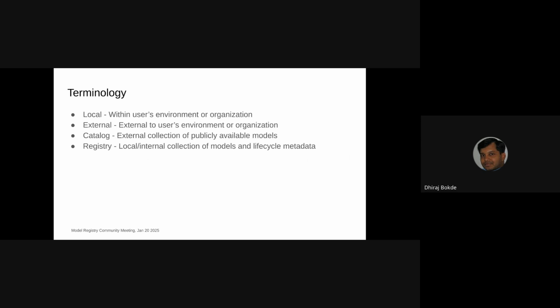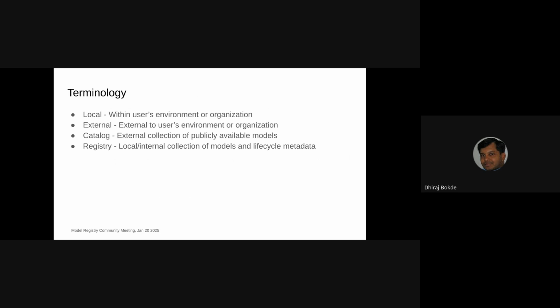And when we say external, it's external to the Kubeflow user's environment. It could be the Hugging Face repository where you can download models, or Red Hat's OCI registry where you can download models using either Podman or Docker and so on.